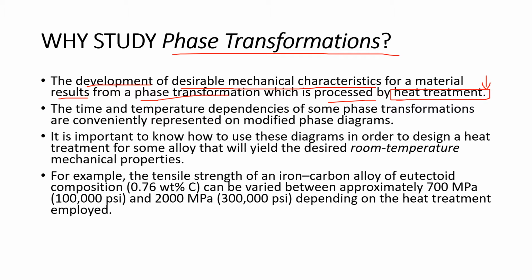The time and temperature dependencies of some phase transformations are conveniently represented on a modified phase diagram. We have already studied in the previous chapter, or in this chapter 10, which is an extension of the phase diagram. It is important to know how to use these diagrams.